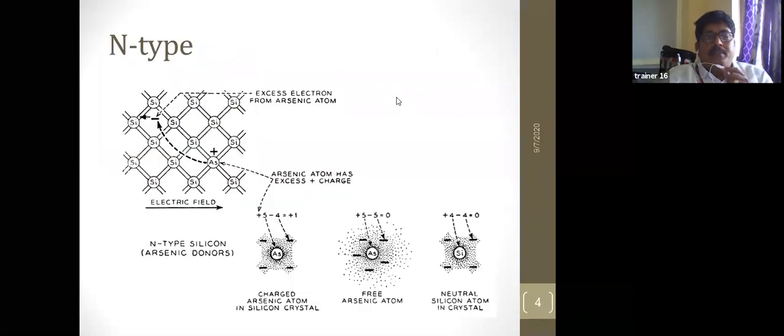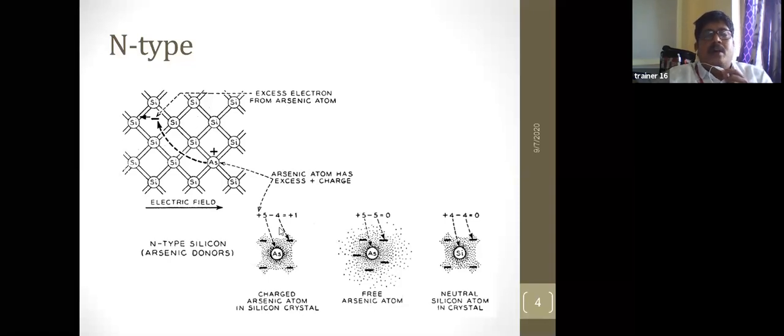And this is an N-type semiconductor example. If you see clearly, arsenic is the donor. So here, silicon and arsenic, right? Arsenic is the donor and silicon can receive.